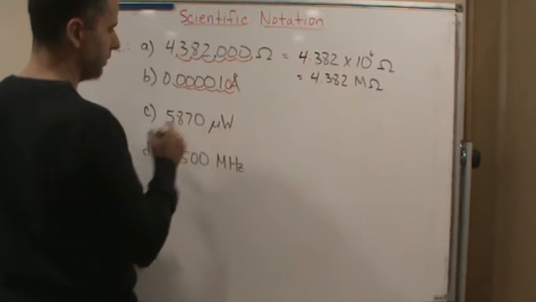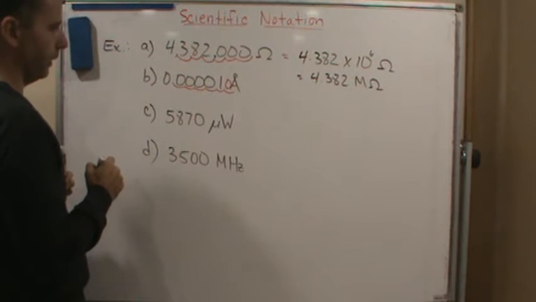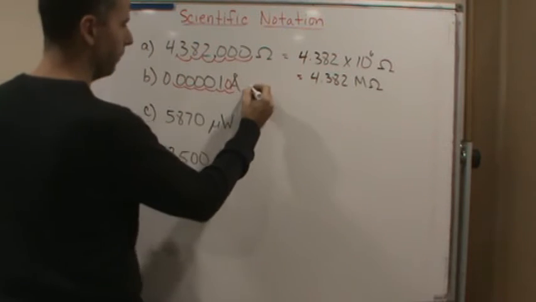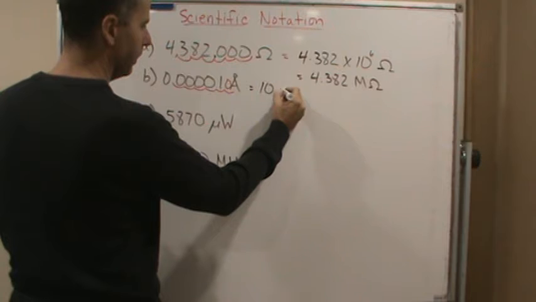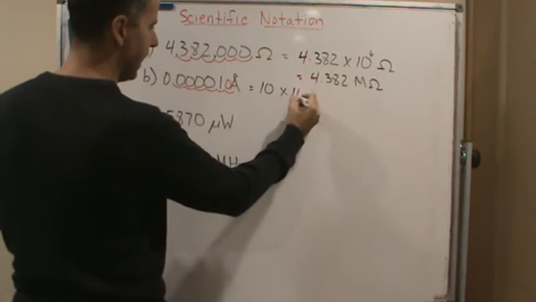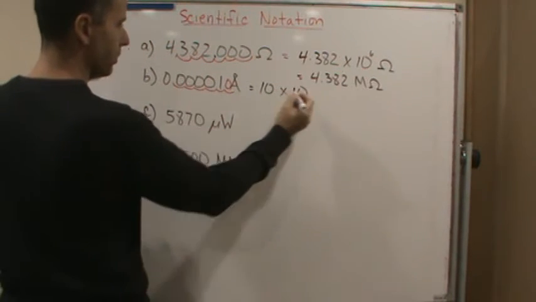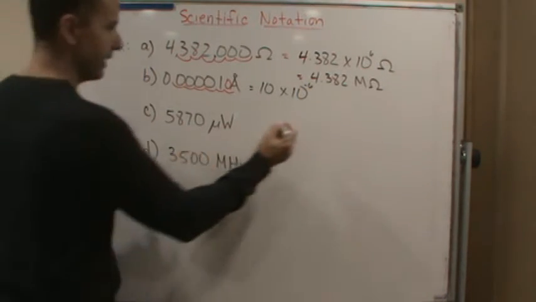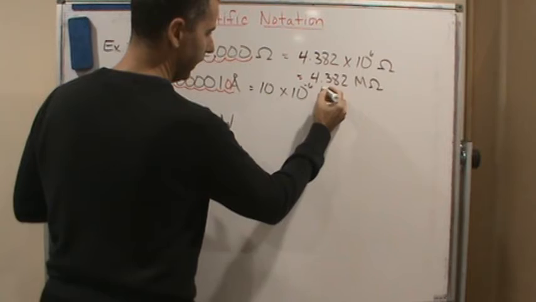So I'm going to put a 0 here. And so what does that mean? Well, this is equal to 10 times 10 to the negative 6th power. And these are still angstroms.